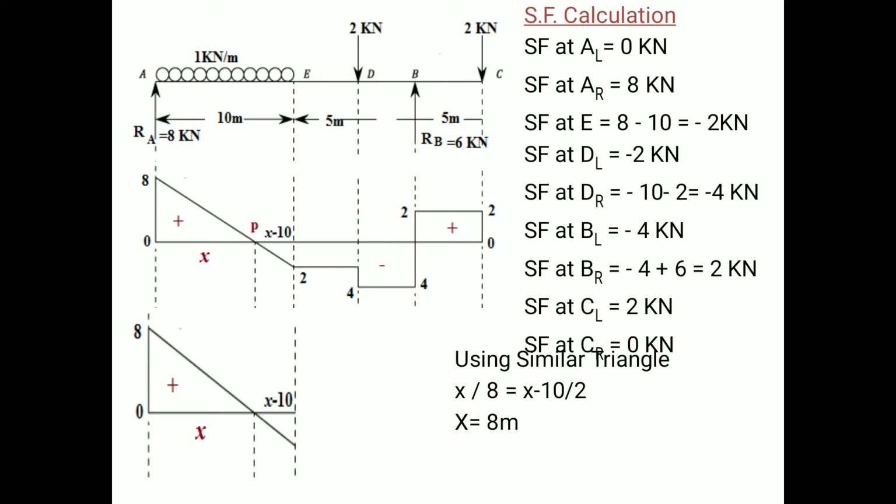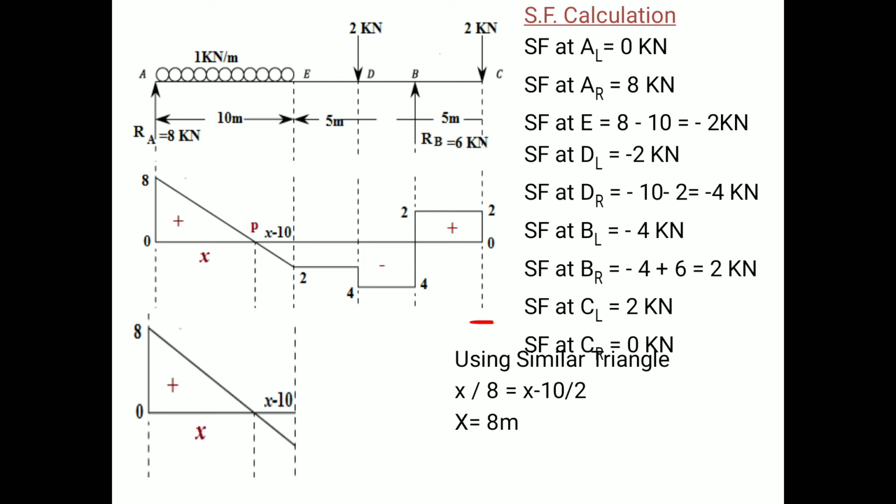As there is no load acting from D to B, the value of shear force left of B will be minus 4 kN. Similarly, shear force at right of B will be minus 4 plus reaction which is acting in upward direction, therefore plus 6. So minus 4 plus 6 will be 2 kN.